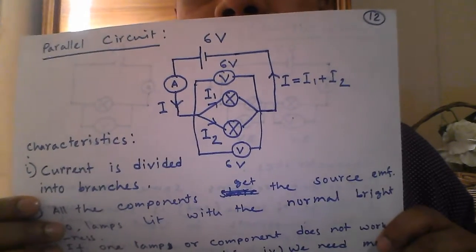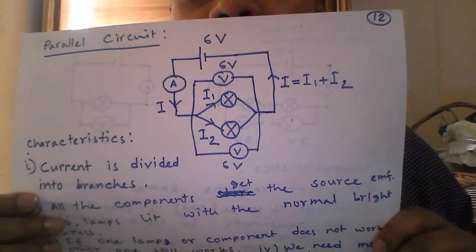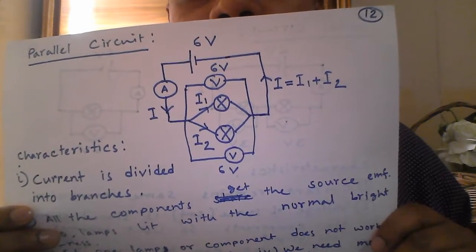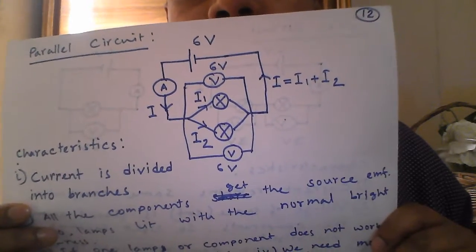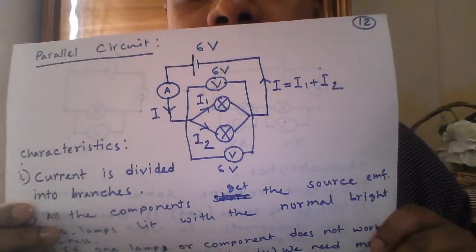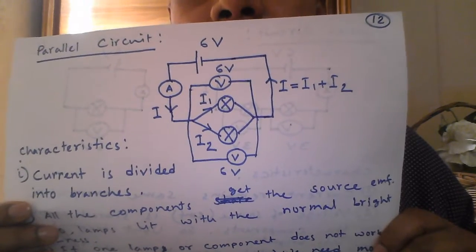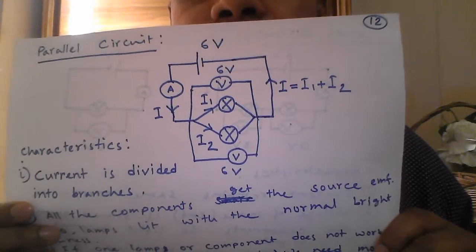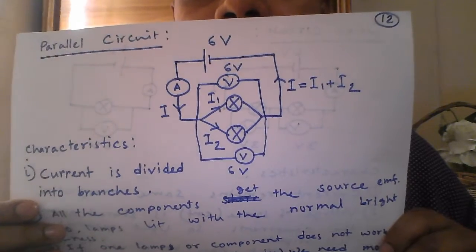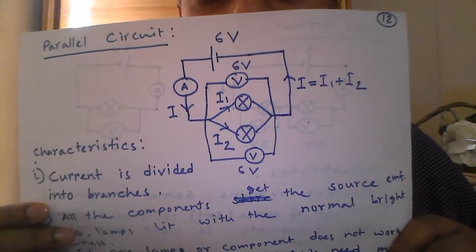Then another thing is, for example, if one of the lamps somehow is not working, the other lamps will still work, because even if one of the lamps is not working, the other part of the circuit is completed and connected with the power supply, so it will work. So it is another speciality of parallel circuit, that we do not need to turn on all the lamps together.